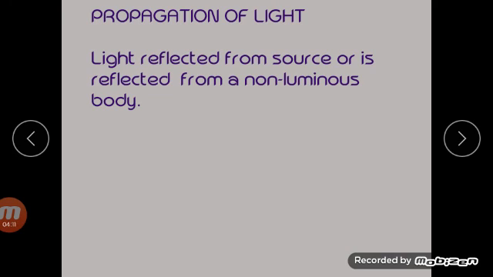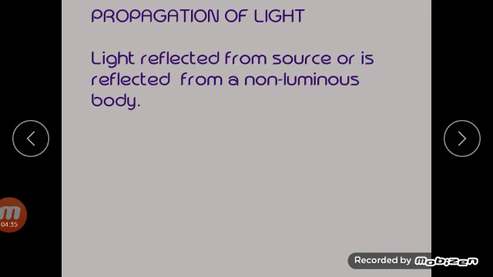Now, propagation of light. Light travels from a source or is reflected from a non-luminous body. Non-luminous body means an object which doesn't have light.